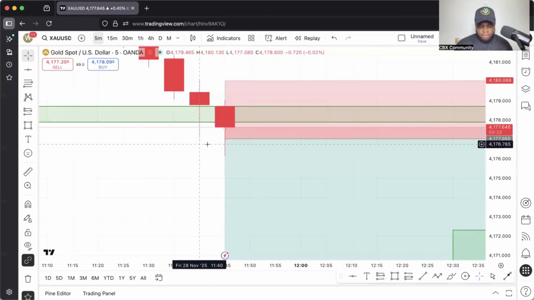Since there is volume in the market, I'm anticipating this candle to continue to come down. So there is volume in the market.